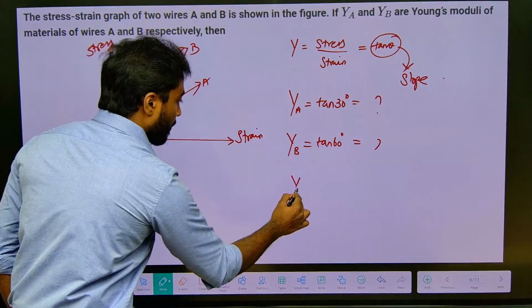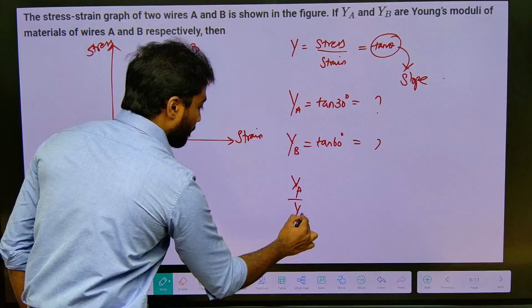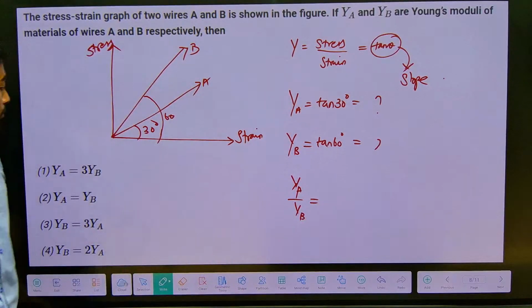So simple, YA by YB. Give the answer now fast.